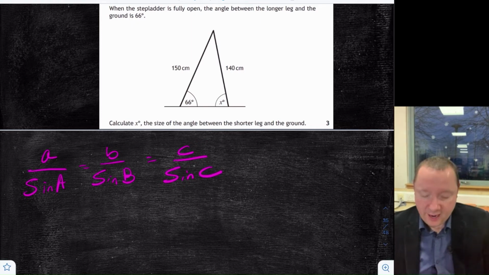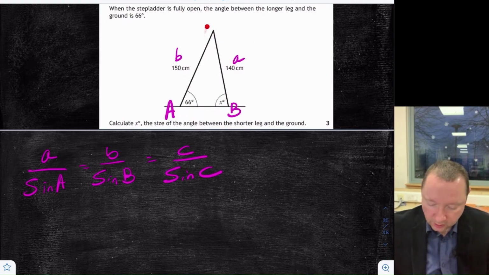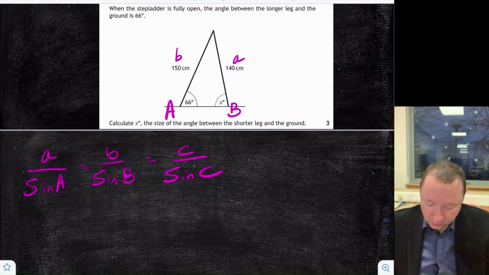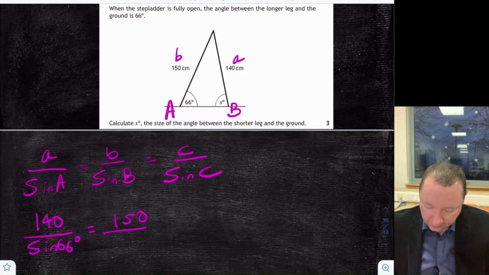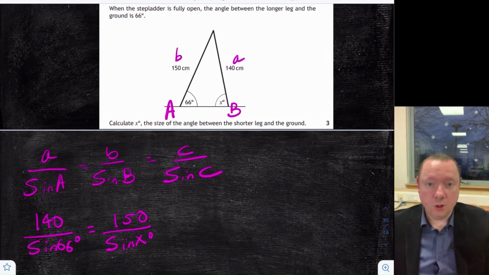Basically it's pairs. So if I call that letter a, that goes with this one, which is A. I could call that b, and that goes with this one, which is B. And obviously there's nothing on the other one, so I can just ignore it. So I've got a over sine A, 140 over sine 66, equals b over sine B, 150 over sine x. And you will get a mark for that substitution.